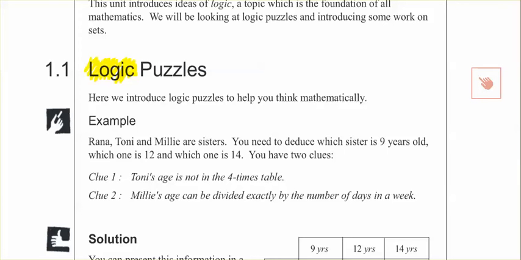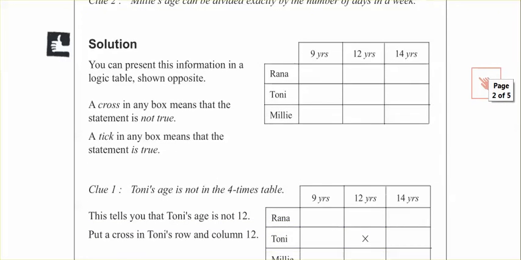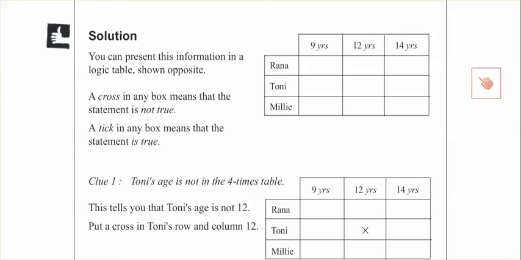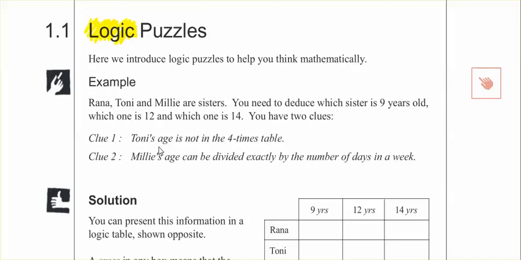So we're going to use diagrams to solve. So here's the structure that you've got in your book, and we'll just have a quick look. So what we need to do is take it from words to a diagram that we can use. So we've got, obviously, it says in our thing, Tony and Millie and Rana.